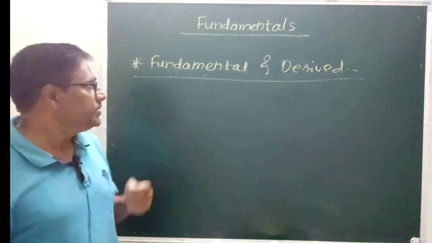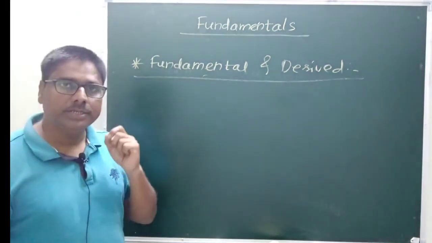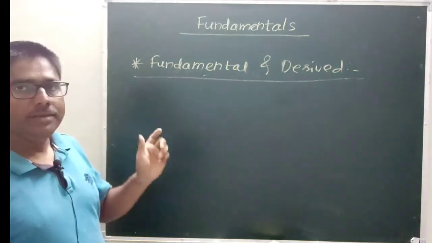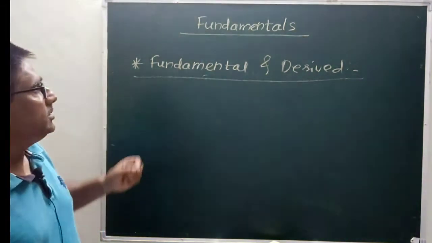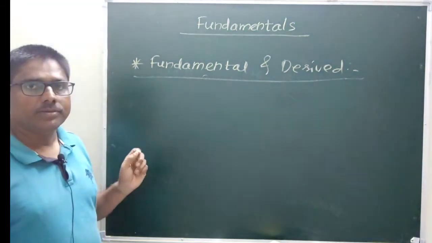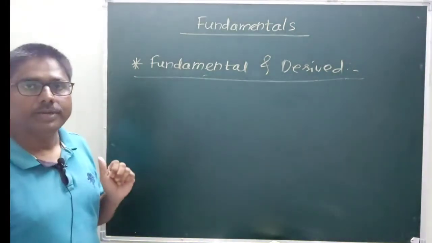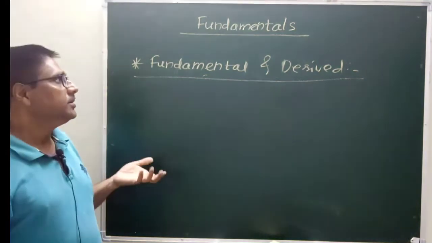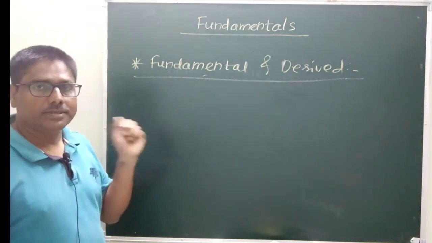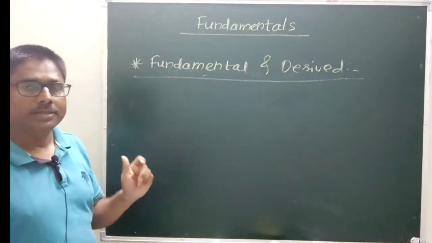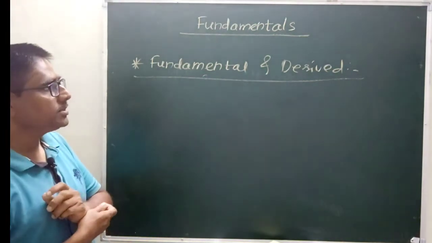There are some physical quantities which can be measured independently, such as mass, time, length. Such physical quantities are known as fundamental quantities, and their units are known as fundamental units. Unit of mass is kg, unit of length is meters, and unit of time is second. These are SI units, of course.